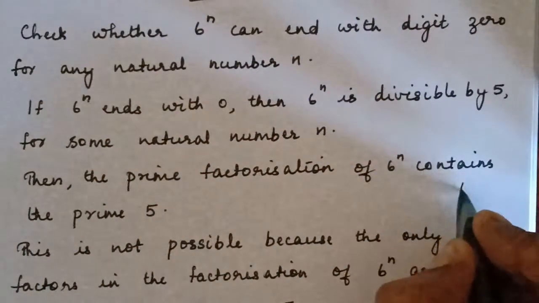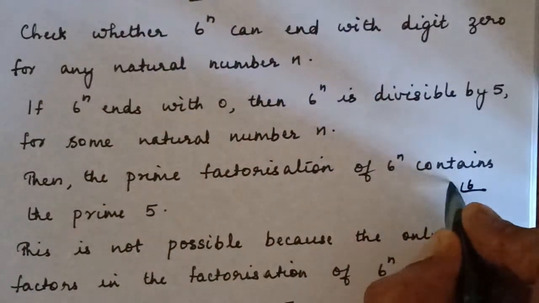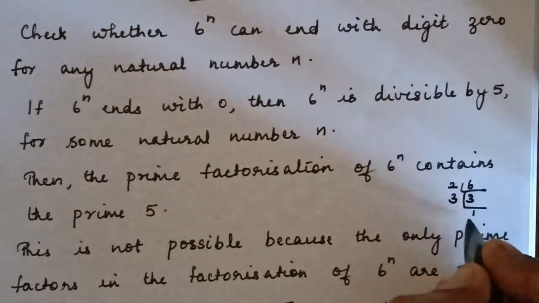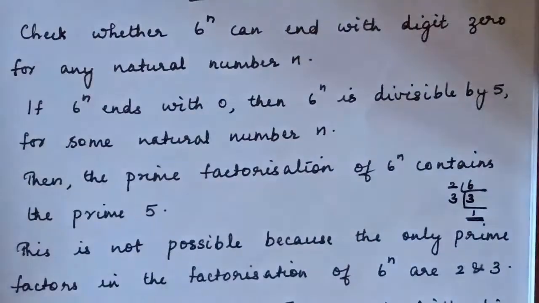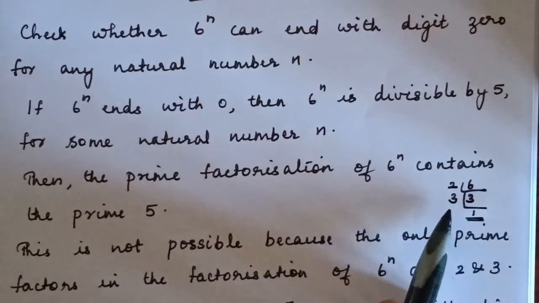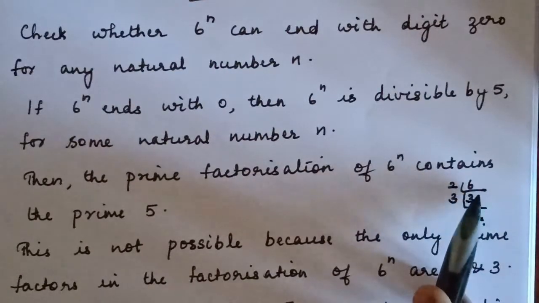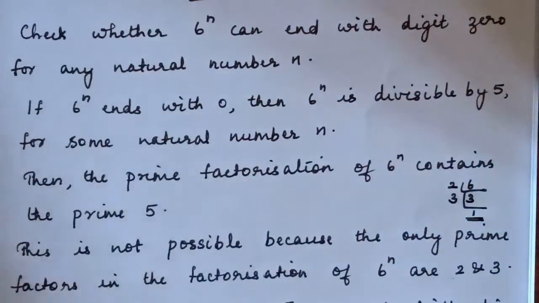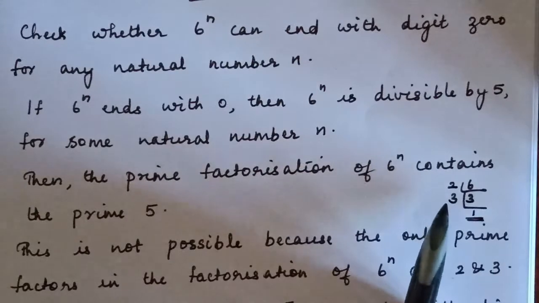When you do the prime factorization of 6, you get 2 and 3. And this is unique according to the fundamental theorem of arithmetic that we saw in the last video. Suppose I divide by 3, you will get 2. Then also you get 2 into 3 only. You won't get any factors other than 2 and 3.